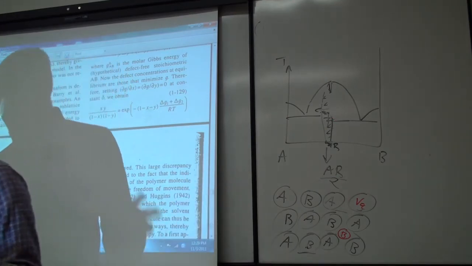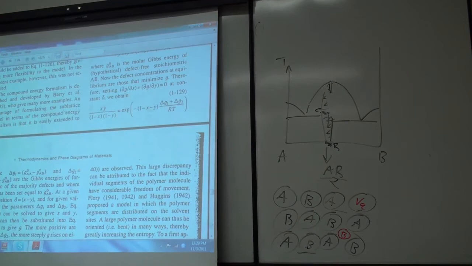Whereas in the previous example, the majority defects were substitutional A and substitutional B. Now, you say, well, why can't we have a system where we have different defects? In other words, we can have, on this side, interstitial B's, but we can also have B on the A side. So you have two kinds of defects as you go over here. And you can. In fact, you always will.